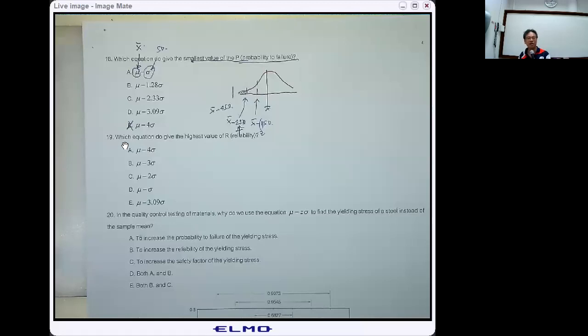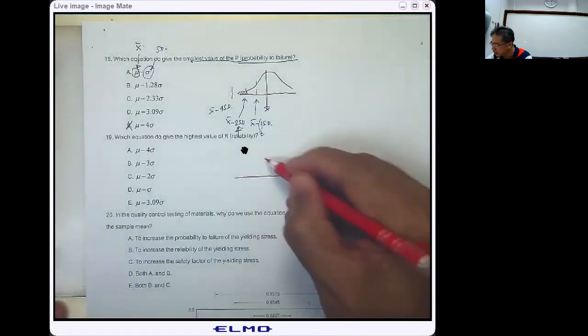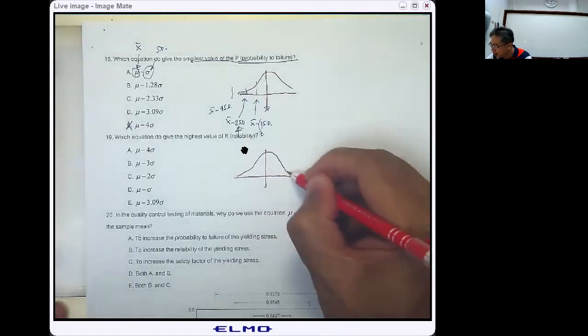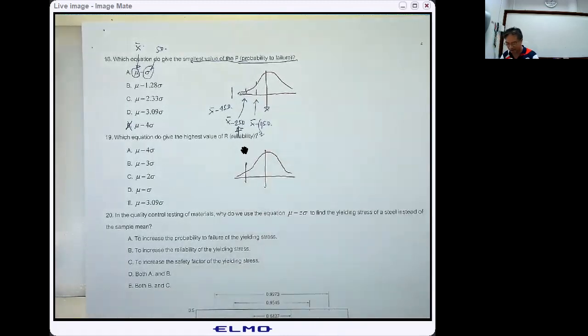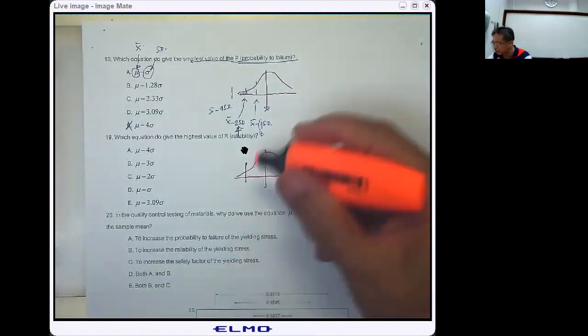Okay, next, which equation gives the highest value of reliability? The value of reliability, again, we are talking about the area on the right hand side of this graph.